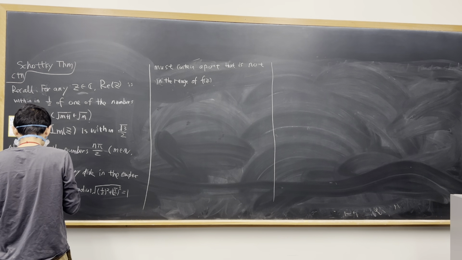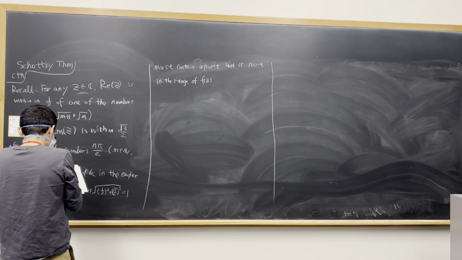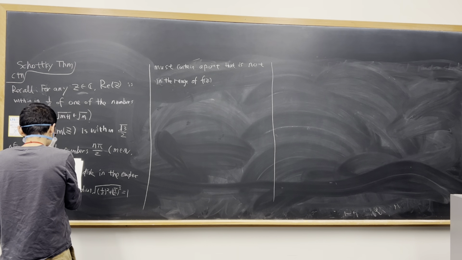The missing point is defined as the real part is plus or minus log, and the imaginary part is exactly this m pi i. So the real part is going that way, and the imaginary part is going in the other way.